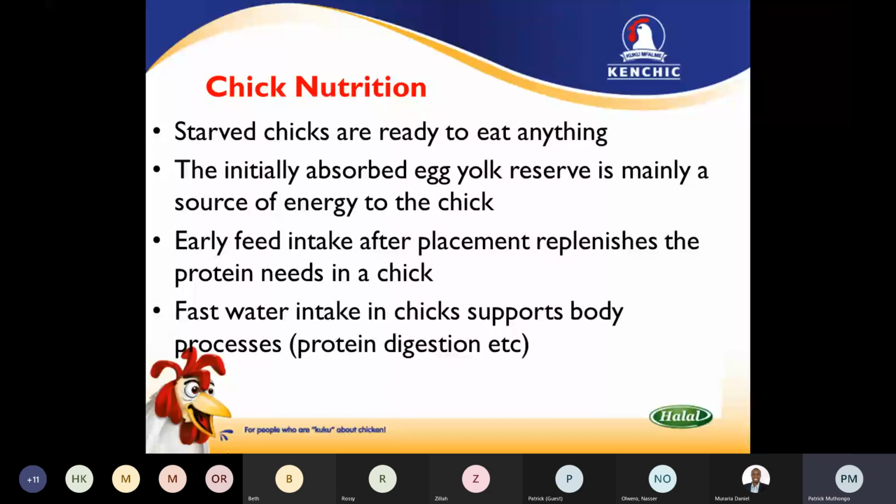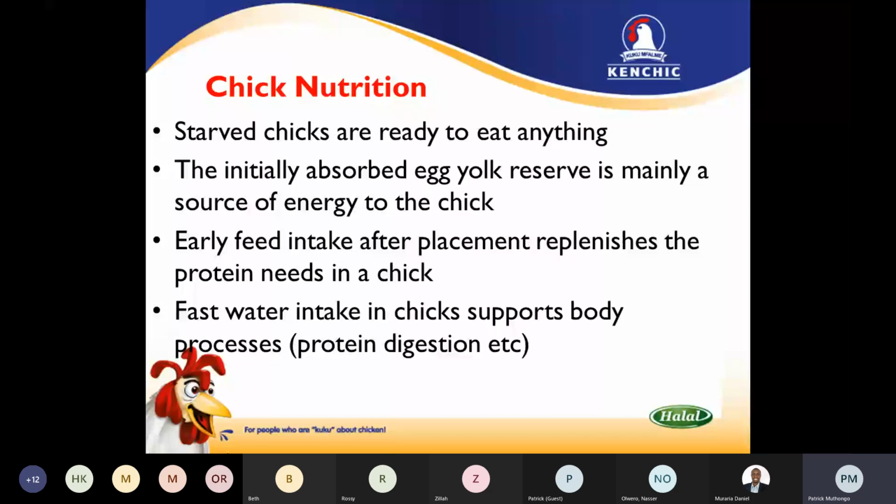Faster water intake supports body processes. Basically, during the first 5 days, the body processes of the chick are poorly developed. For example, the bird will poorly digest proteins during the first few days of life because, to digest a protein, you need enzymes. These enzymes, kuku bado hajatengeneza.